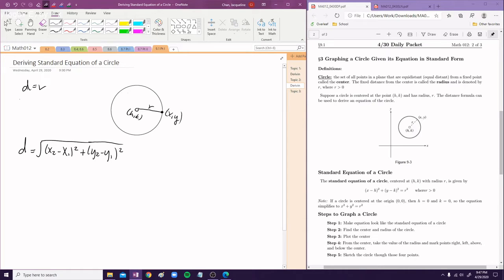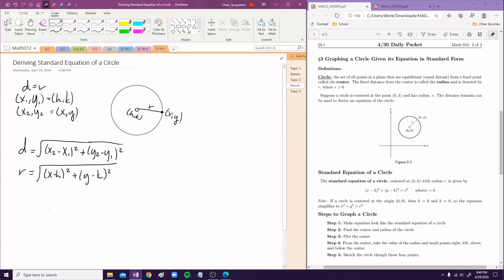It doesn't matter, let's say (x1, y1) is equal to (h, k), and (x2, y2) is equal to (x, y). So let's plug these in. We have r equals the square root of (x minus h) quantity squared plus (y minus k) quantity squared.